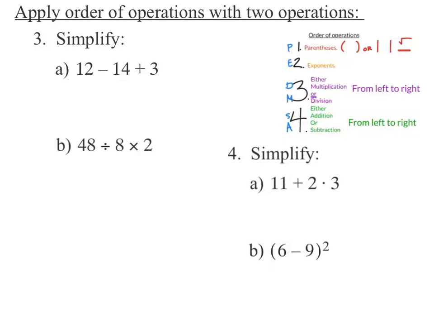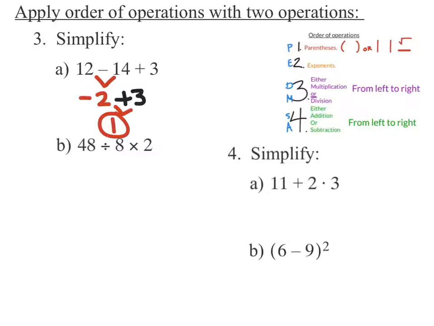So in this first example that we see, we have to do the subtraction first because it happens farther to the left. 12 minus 14 is the same as 12 plus negative 14. There's more negatives than positives. 14 minus 12 is 2. So now it's negative 2 plus 3. Now when I combine these, I get more positives than negatives, and 3 minus 2 is 1. So that's the answer for 3A there.